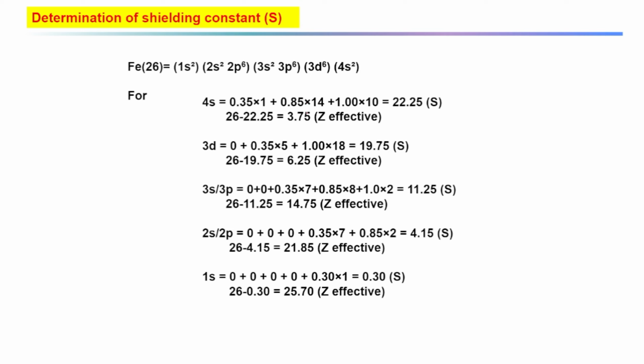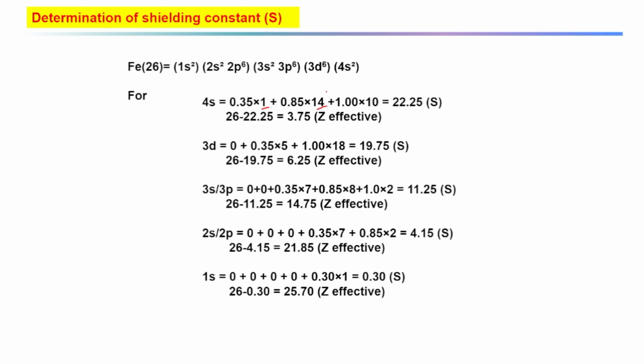So this much will be the shielding constant value from these two groups. This one electron coming from 4s gives 0.35. These 14 electrons, coming from 3s2, 3p6 and 3d6, give 0.85 each.